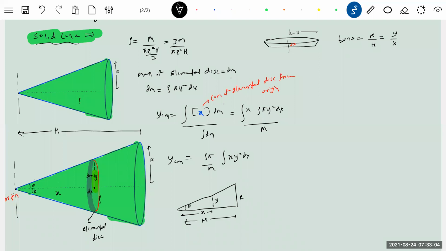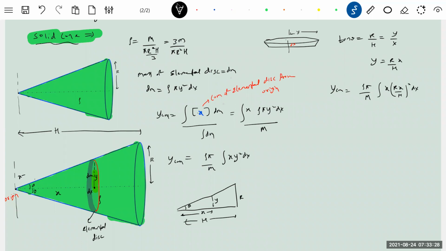Can we replace Y or X? It's left to you. Let me replace Y. Y is equal to R by H into X. Substituting that in, x into (R x by H) whole square dx. So what is the value of x?